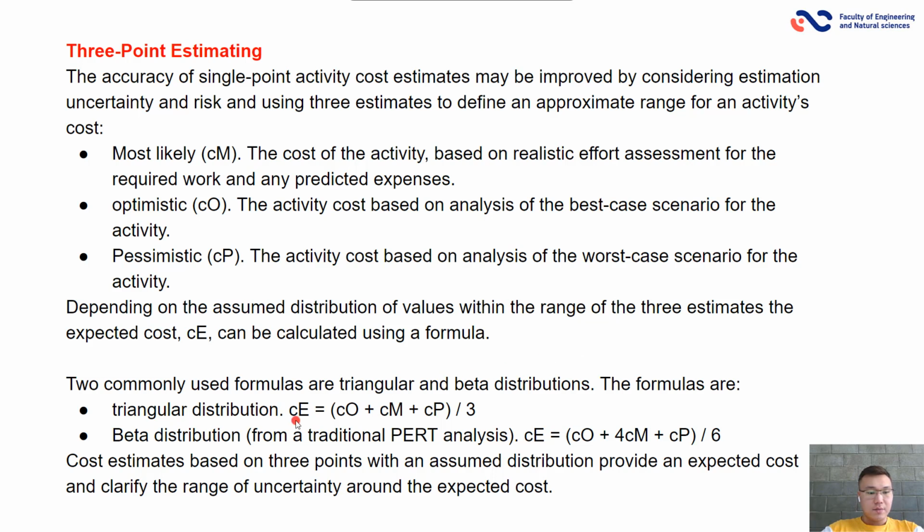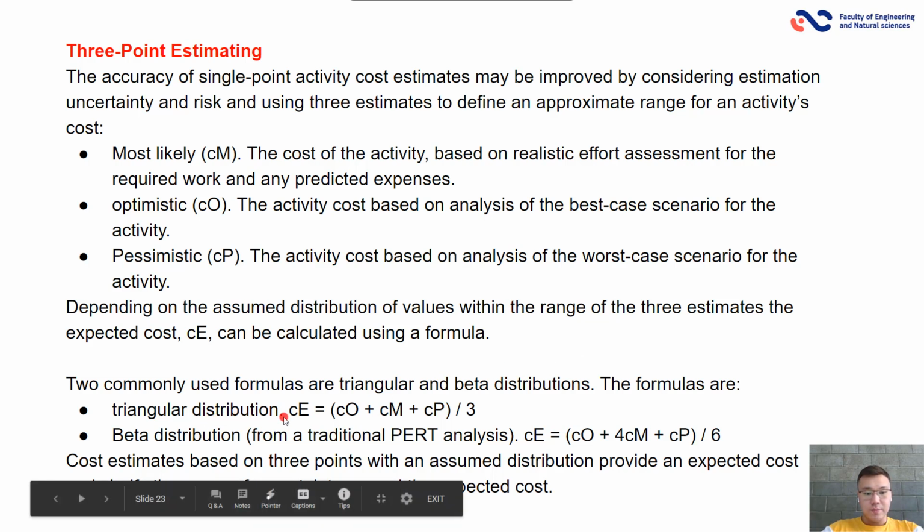The formulas are: triangular distribution, CE, expected cost, equal to optimistic plus most likely plus pessimistic, close brackets, and divide by 3.